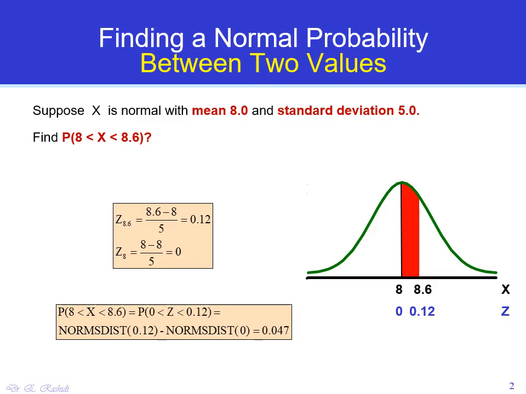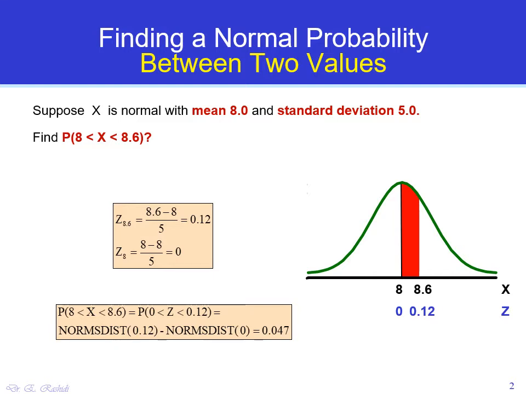If you find it from the z distribution or using the Excel function, that would be 0.047. So the probability that x is between 8 and 8.6 is 0.047. That's it. This is how you can find the probability that x is between two values.